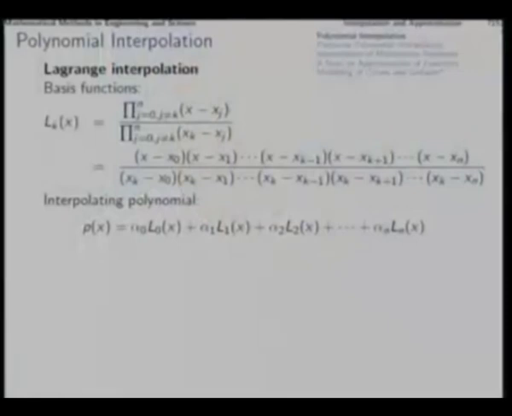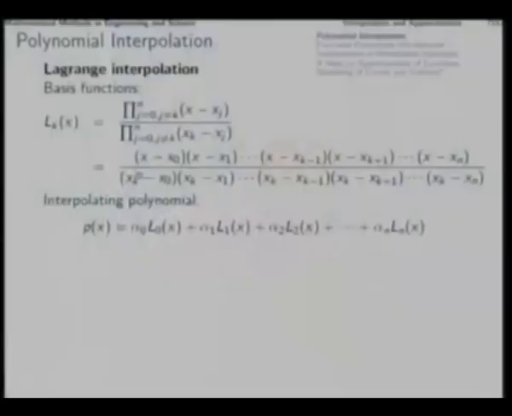So, what we can do is use basis functions not as 1, x, x square, etc., but this kind of basis functions.